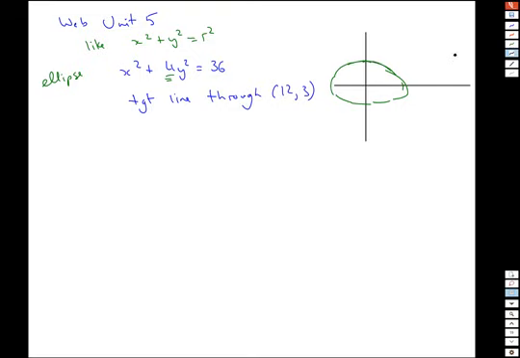We have our point 12,3 way over here. And there's going to be some points where, if I draw the tangent line, let's draw a bigger target, if we draw the tangent line here and maybe over here, we're just going to go through that point 12,3. Our goal is to identify the locations on the ellipse that lead to that.